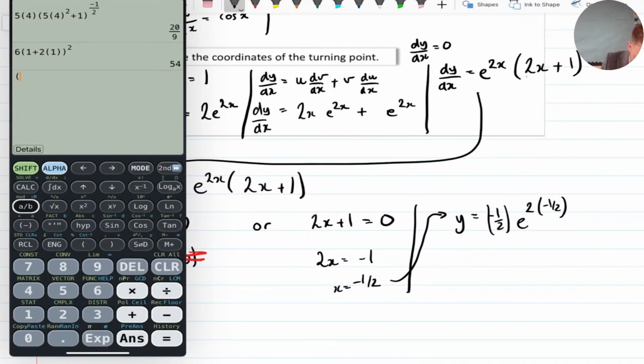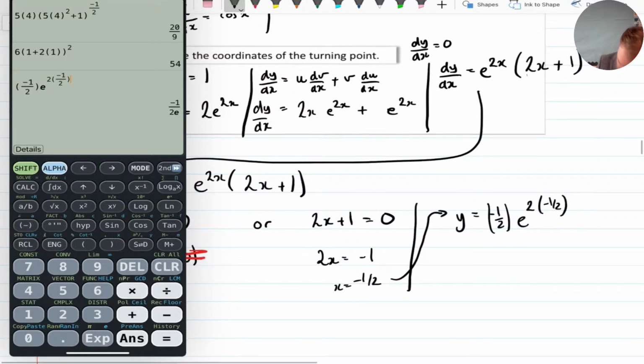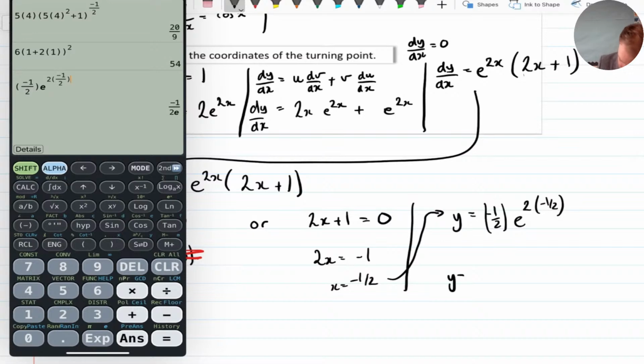So open bracket, minus 1 over 2, close the bracket, e to the power of 2 times minus 1 over 2, close that bracket, is equal to, y is equal to minus 1 over 2e.